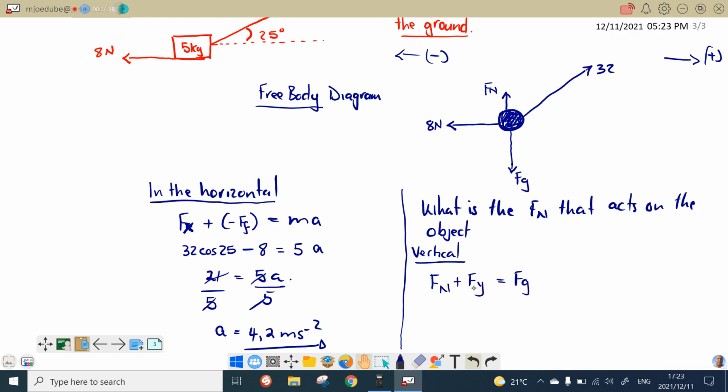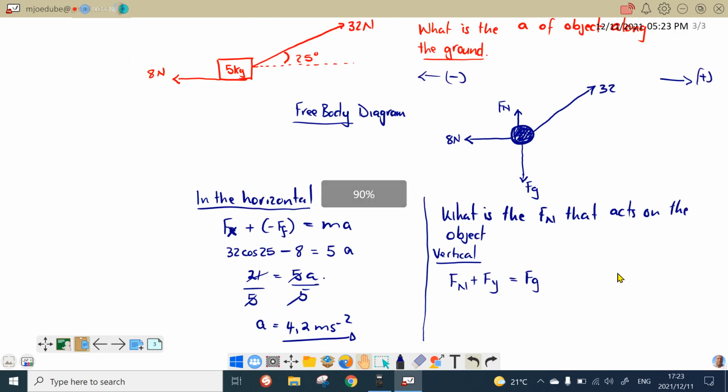So our Fn, which is what you are looking for, is going to be calculated as Fn is equal to Fg minus Fy. Your Fg is the mass times the acceleration due to gravity.